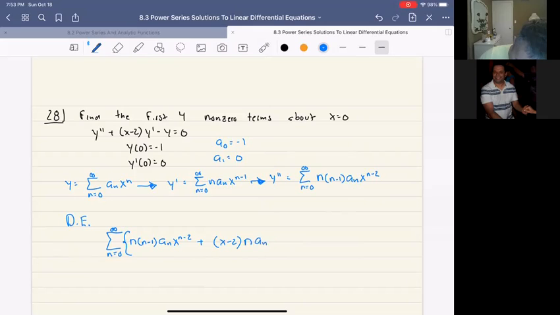So n a sub n, x to the n minus 1, minus y, a sub n, x to the n. That should equal 0.